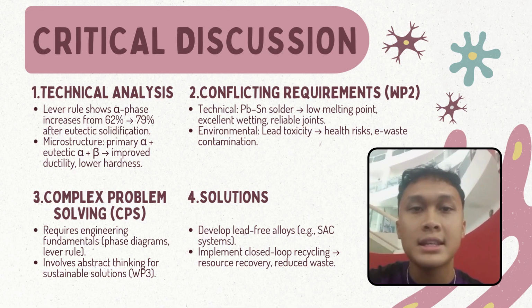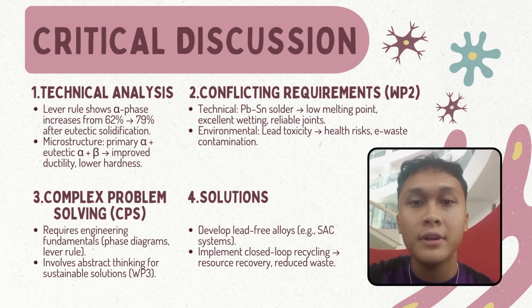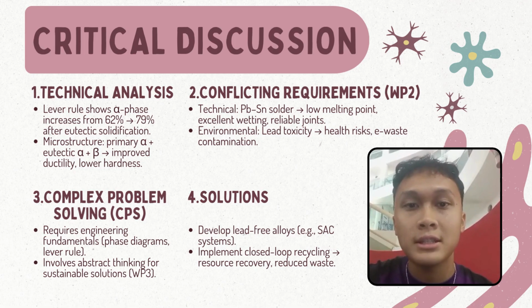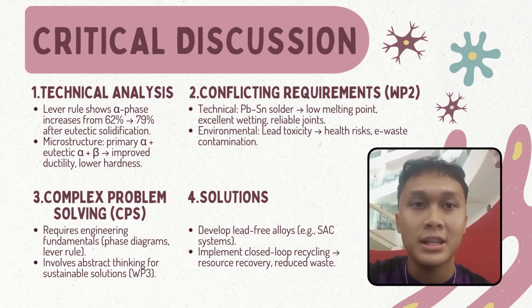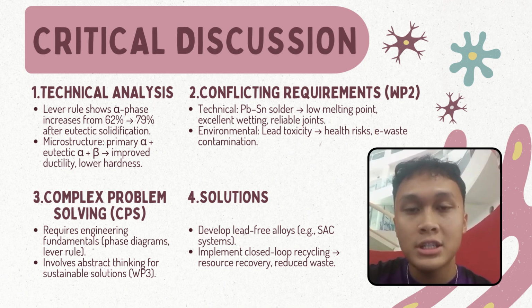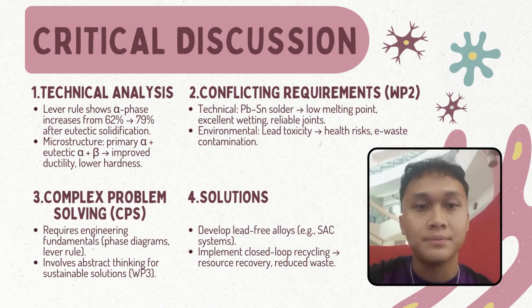For the key findings, lever rule analysis for 35 weight percent Sn has the alpha phase increasing from 62% to 79% after eutectic solidification. For the microstructure, coarse alpha dendrites plus fine eutectic mixture show high ductility and lower hardness.